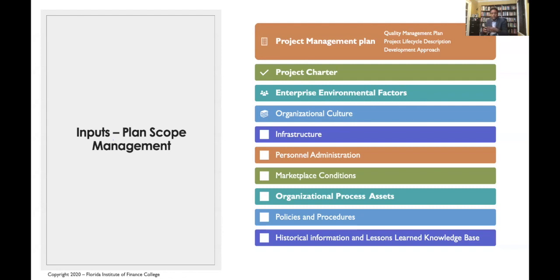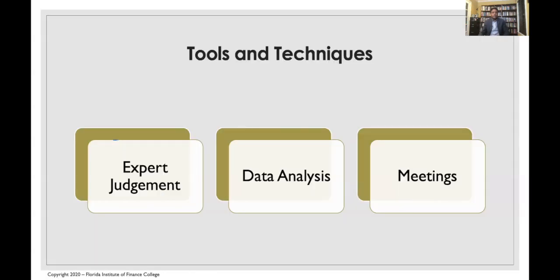The culture also has something to do with your organizational structure, whether it's a 100% functional team, or a 100% projectized organization, or anything in between. We have about 8 different types of structures. Of course, there is also the infrastructure of your organization, your personnel administration, the marketplace, and all of these. So these are the inputs, and the tools and techniques are expert judgment and data analysis.